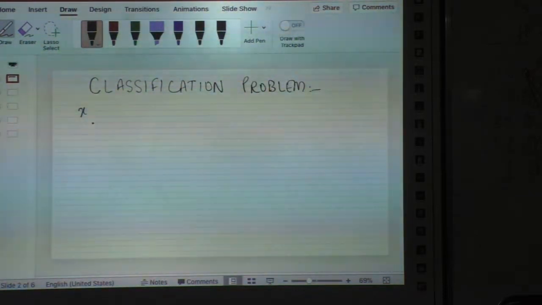Let us take 3 flowers: rose, lotus and jasmine. I take my x0, x1, these are the width and height, right? And then we have y. My x0, the width, is 5, and the height is 2.5.